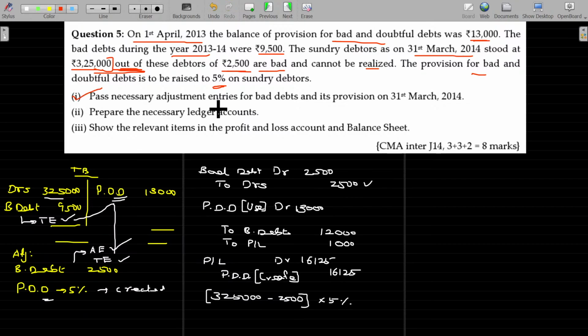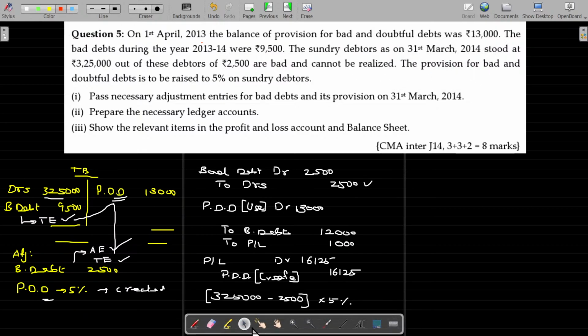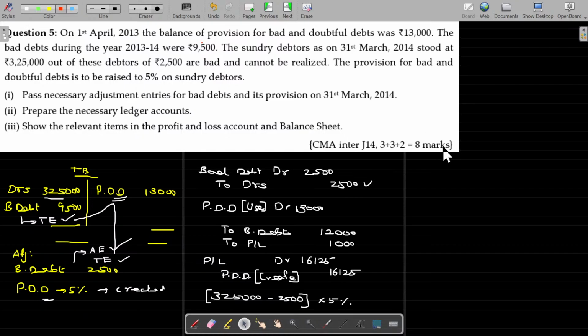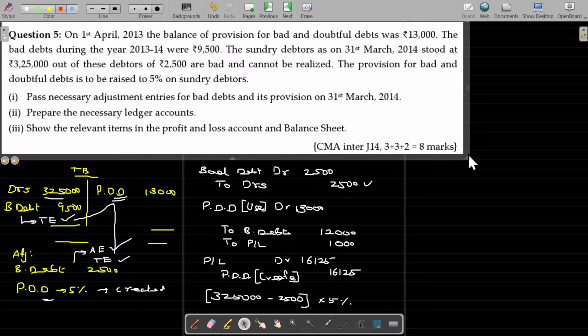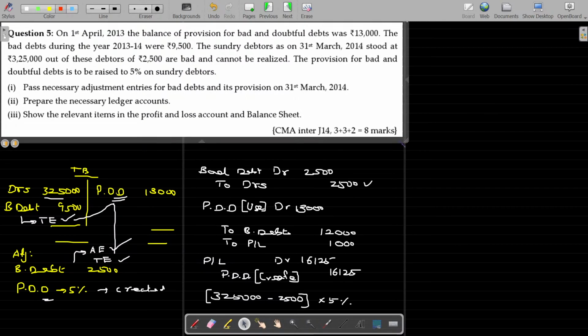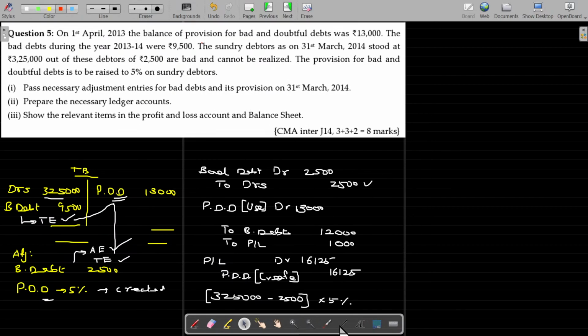Pass necessary journal entries for bad debt and its provisions. We have done that. Prepare the necessary ledger account. So we can prepare the ledger account for debtors, PDD, bad debt for these three. And show the relevant items in the P&L account and balance sheet. Okay. Hope you are able to read this.